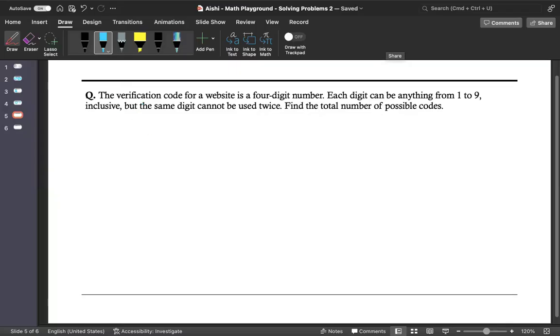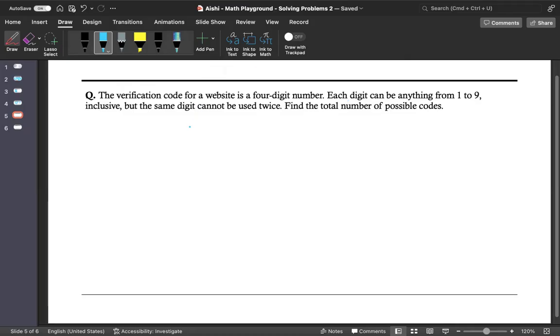All right. The verification code for a website is a 4-digit number. Each digit can be anything from 1 to 9 inclusive, but the same digit cannot be used twice. Find the total number of possible codes. Ooh, I know we haven't done this in a long time, but this is a permutation problem.